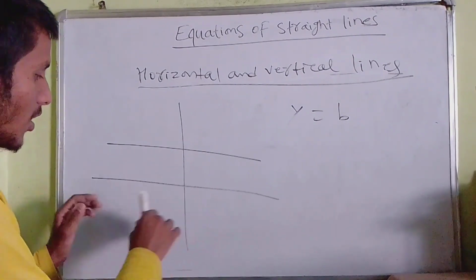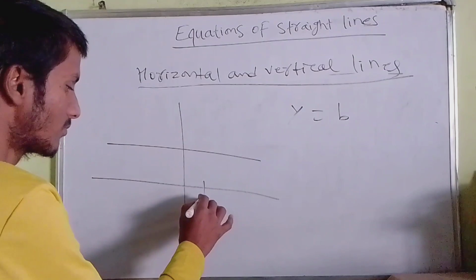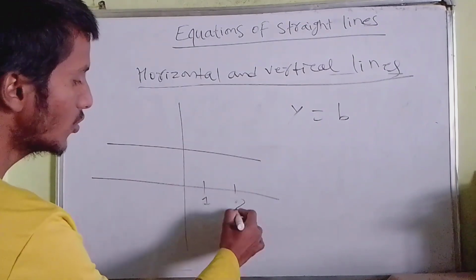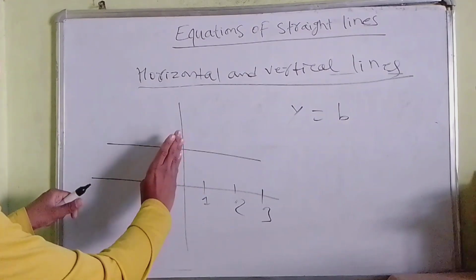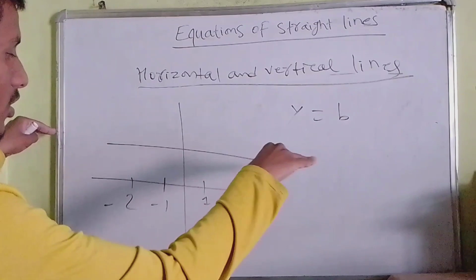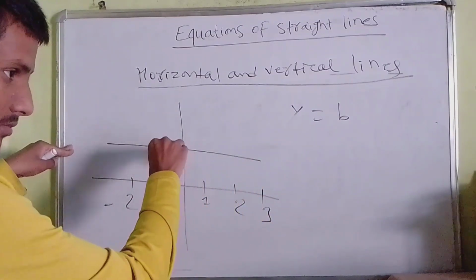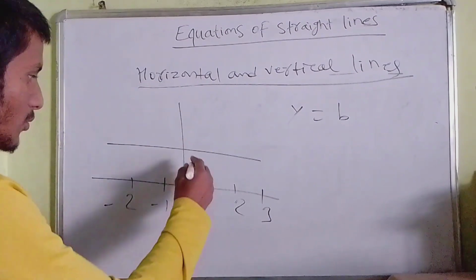Why will it be y is equal to a constant? Because whatever change you make on x, for example, if you pick this point, let's say this is 1, and you go to 2, or move to 3, or even in the negative direction, you can see y doesn't change. It's -1, -2. For all the x's, y is constant. Let's suppose this is 3.